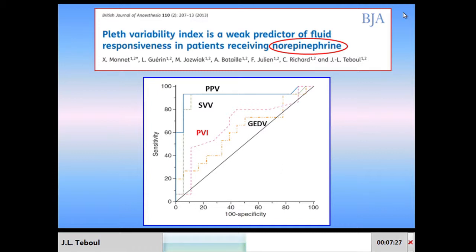And this is a study we did with Xavier Monnet in our unit, and we showed that when the patient receives norepinephrine, the area under the ROC curve for the prediction of responsiveness using pleth variability index is not as good as that for PPV and that for SVV. So we have to be very cautious if we use PVI, pleth variability index, in the case of administration of vasopressors.